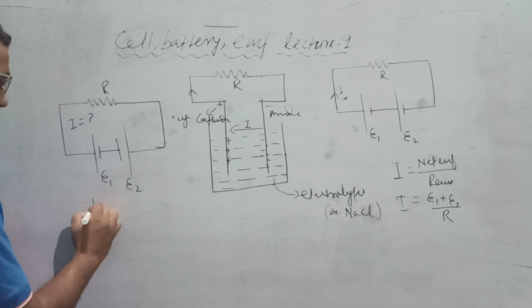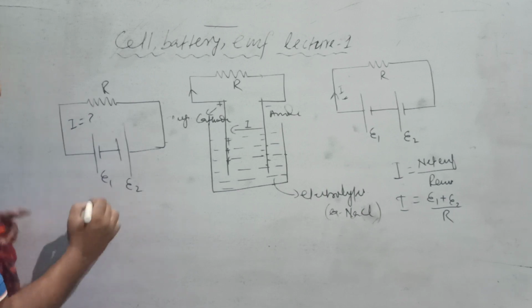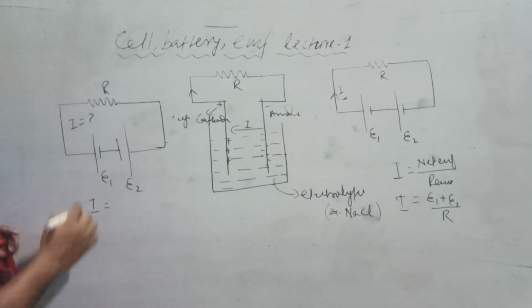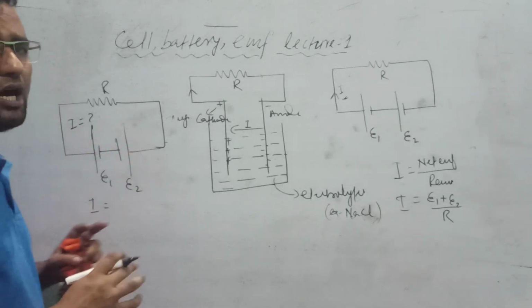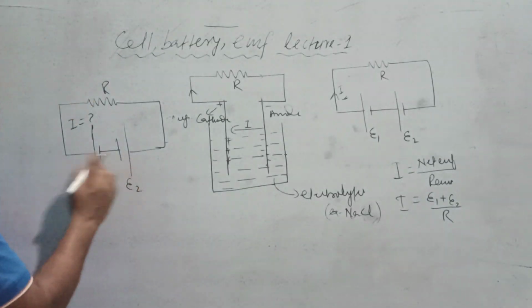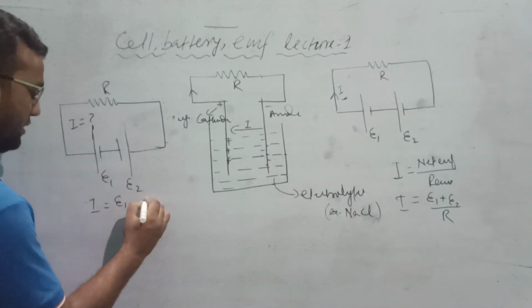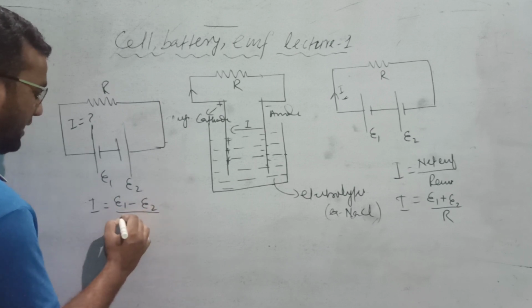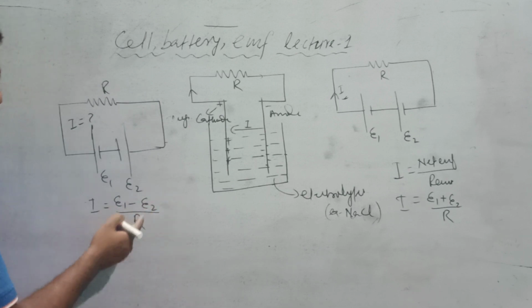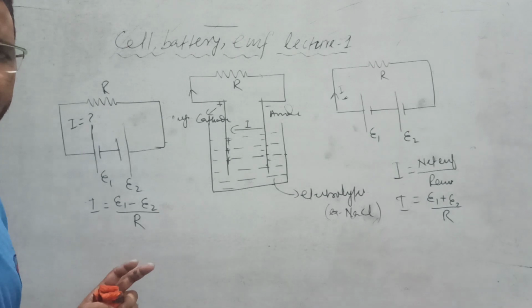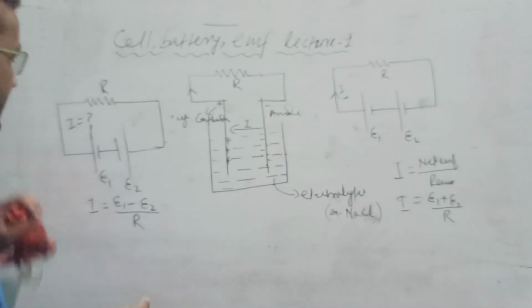So simply we can write I equal to net EMF. What will be the net EMF? Now it is in opposite order, so this will be minus to each other. So this E1 minus E2 by R. In this way we can find the current in a circuit.